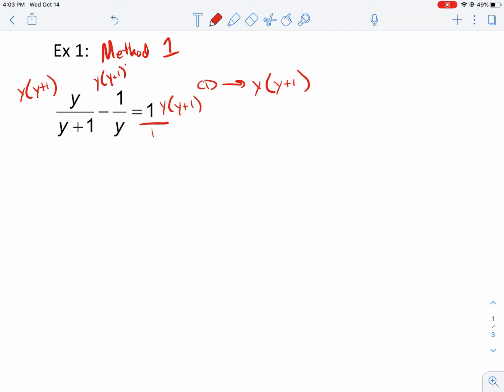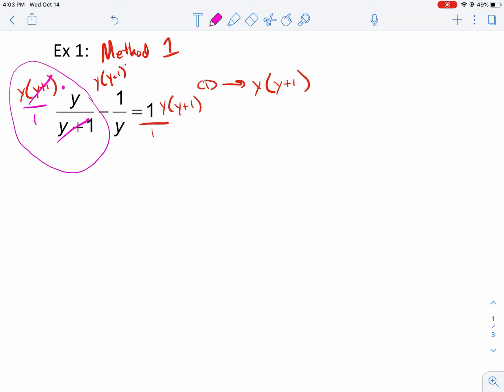When you multiply this term right here, let me circle it, by what I have up here, you end up canceling the y plus 1s. Again, I'm multiplying just y times y plus 1, so these things cancel.